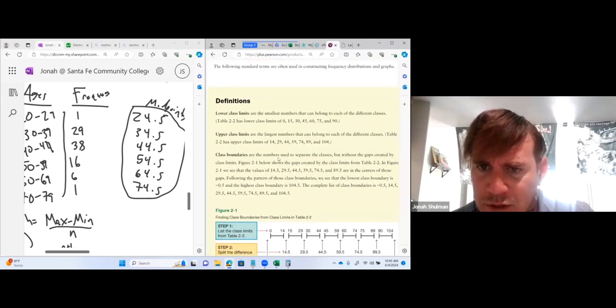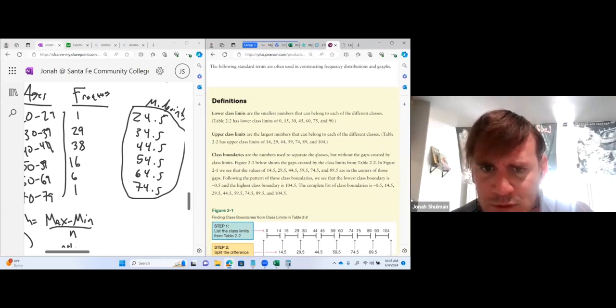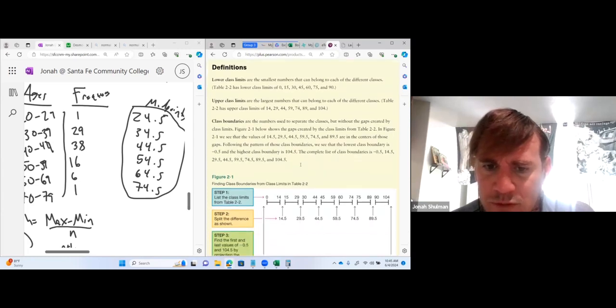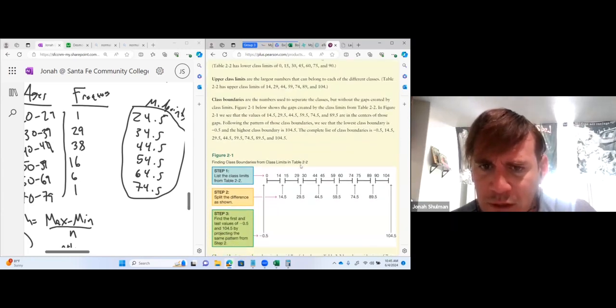Class boundaries are the numbers used to separate the classes, but without gaps. This shows the boundaries of the gaps created by the class limits. All right, so split the difference between them. So the lowest boundary is negative 0.5, and then it's just the number that's in the middle.